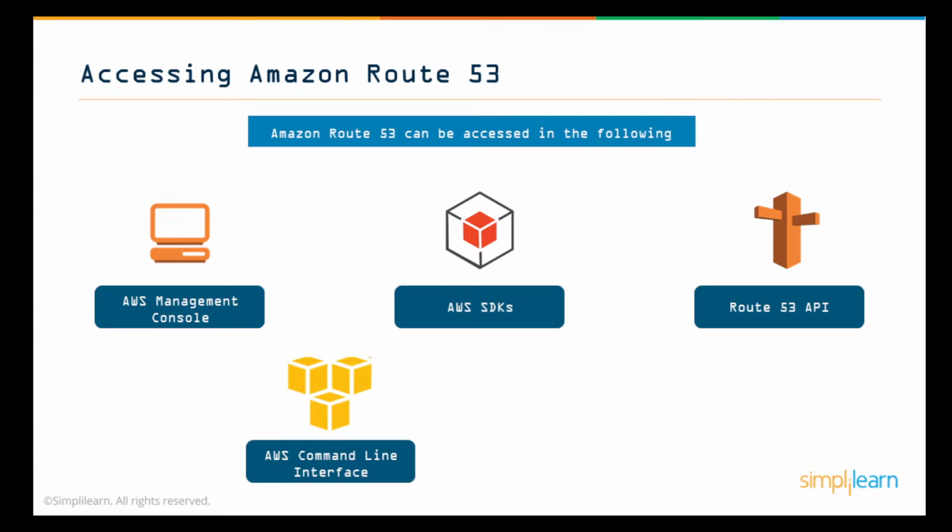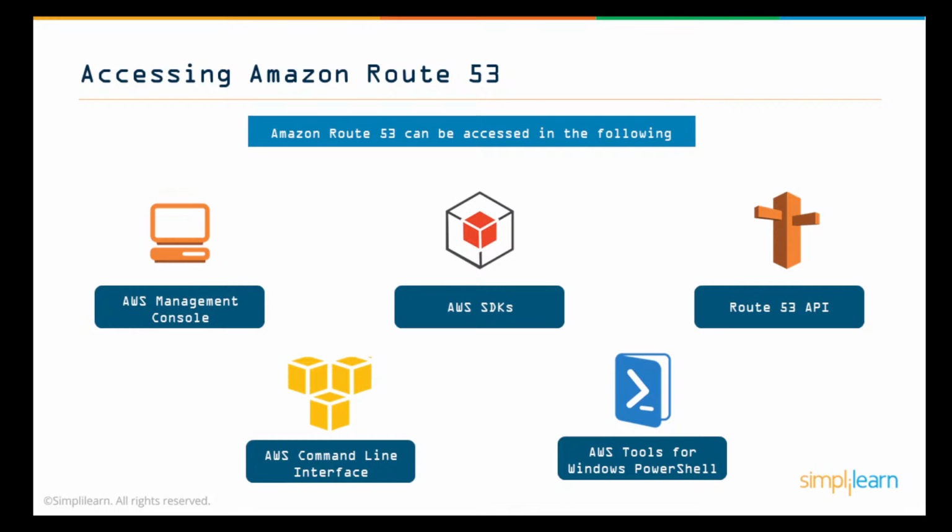We can also access it using the command line interface, the CLI, either through CloudShell or by installing the CLI on our host machines. Along with that, we can use the AWS Tools for Windows PowerShell, in case you are going to use a Windows host machine.